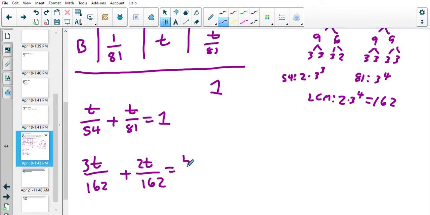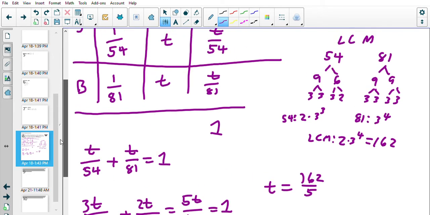So that's going to be 5t over 162 altogether equals that one fence painted. So in order to solve for t, we're basically just going to flip this upside down, right? We can multiply both sides by 162 and then divide both sides by 5. So that gives us our time is 162 fifths.